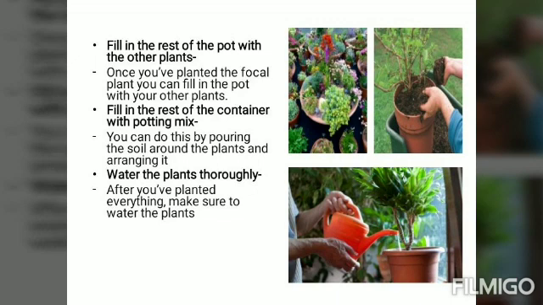You should keep trailing plants closer to the edge of the pot, as they are going to grow over everything else if they are in the middle.